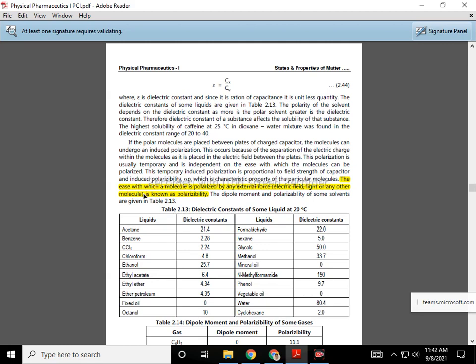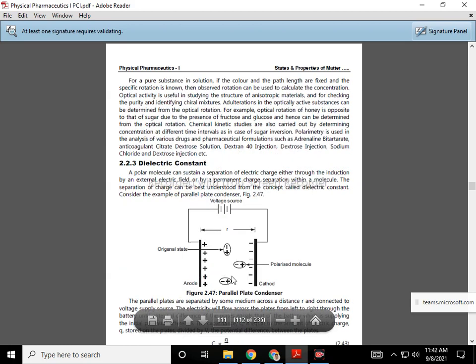Some sort of work needs to be done by the electric field to get the polarizability of all the molecules of that sample.